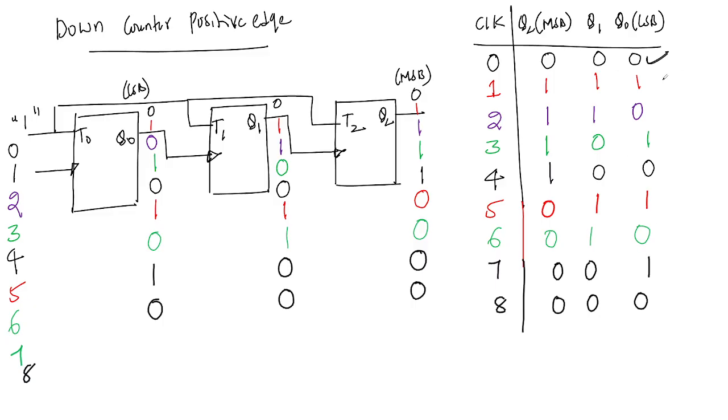So this is down counter. Yeah, down counter. So that means if you draw the state diagram, it will start from where? 0, 7, 6, 5, 4, 3, 2, 1. Again it is coming to 0. Okay. Is it fine?